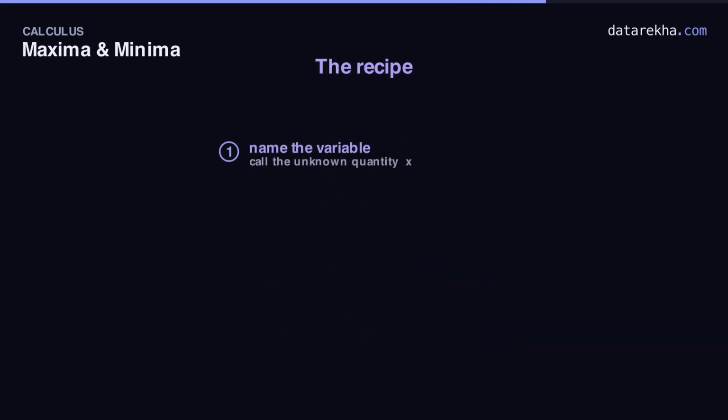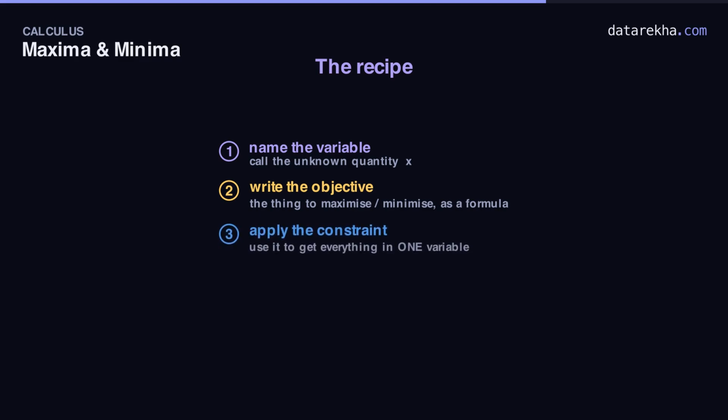Let's crystallize the whole method into one checklist you can run every single time. First, name the variable. Give the unknown a letter, x. Second, write the objective, the quantity you want, biggest or smallest, as an honest formula. Third, and this is the crucial one, apply the constraint to squeeze everything down to that one variable before you touch a derivative.